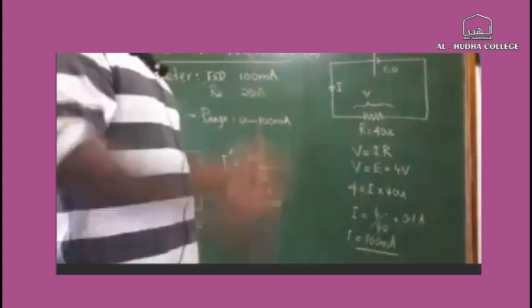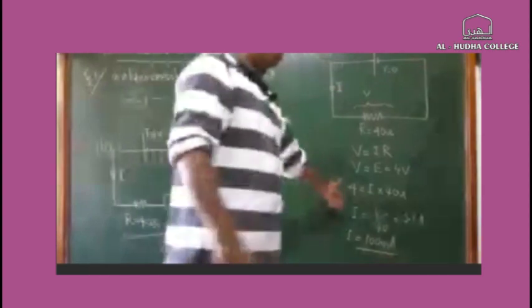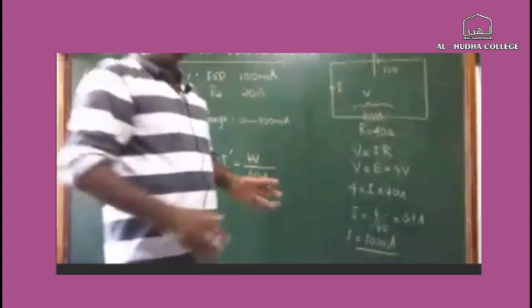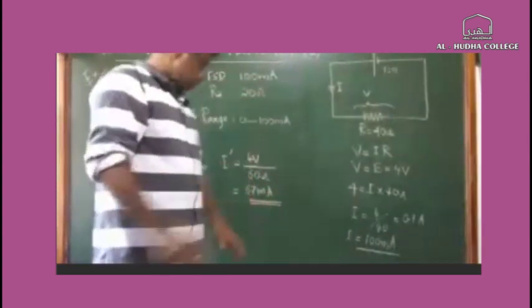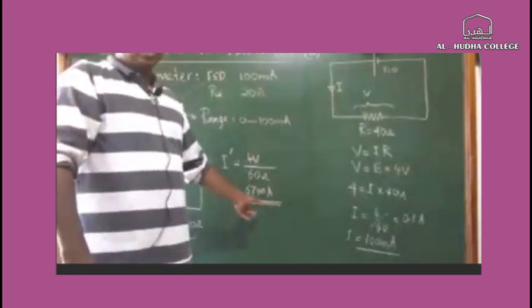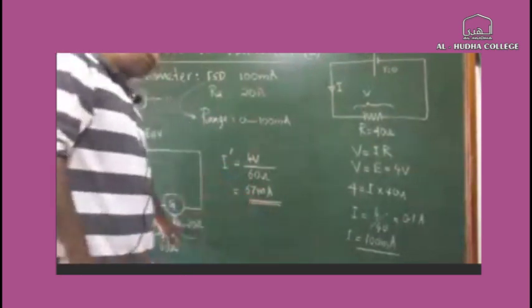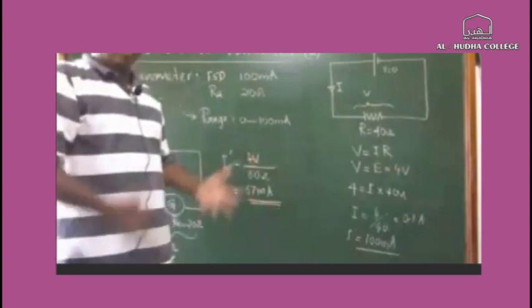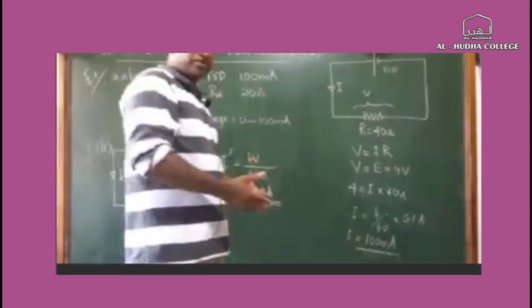Now, if you want to get the same result as what you calculated, what is the condition? Yes, the internal resistance of the galvanometer should ideally be 0. If it is 0, we will get the same result even in the measurement. When the galvanometer resistance is 0, the calculated current and the measured current will be the same.